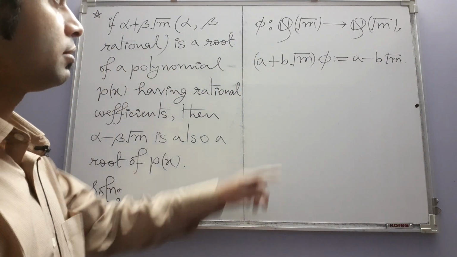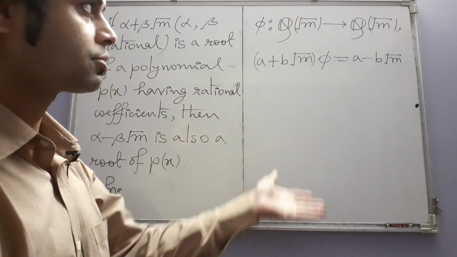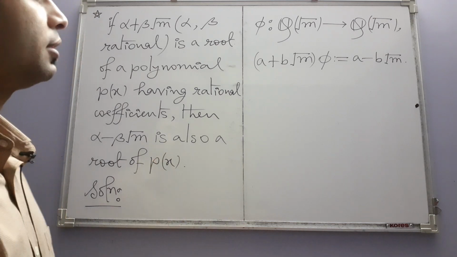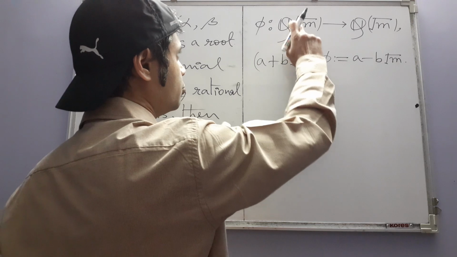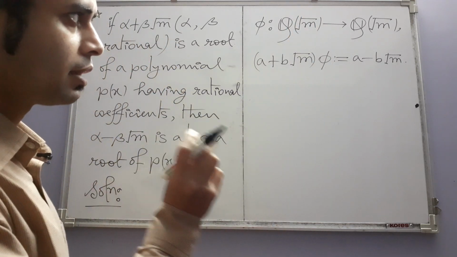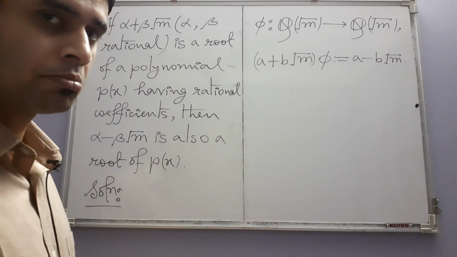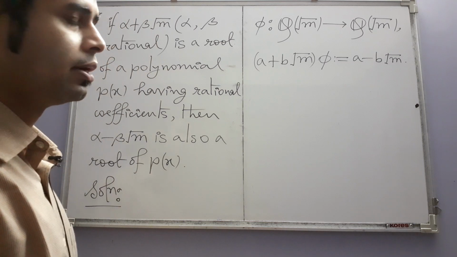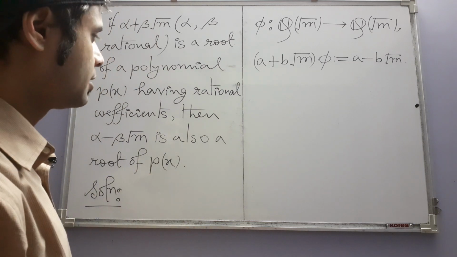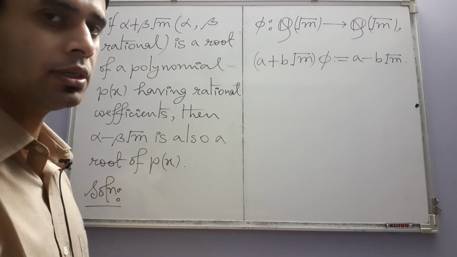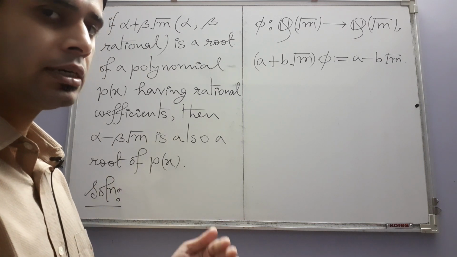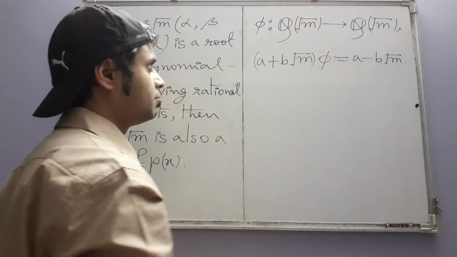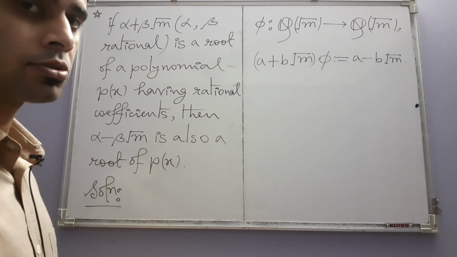Because it's given that m is not a perfect square, not the square of an integer, root m may be a complex number which is not real. That will happen when m is a negative integer. Note that it's not given in the exercise that m has to be a positive integer. The only thing given is that it's not a perfect square, so it can be a negative integer also. So in general this root m is a complex number whose square is m.